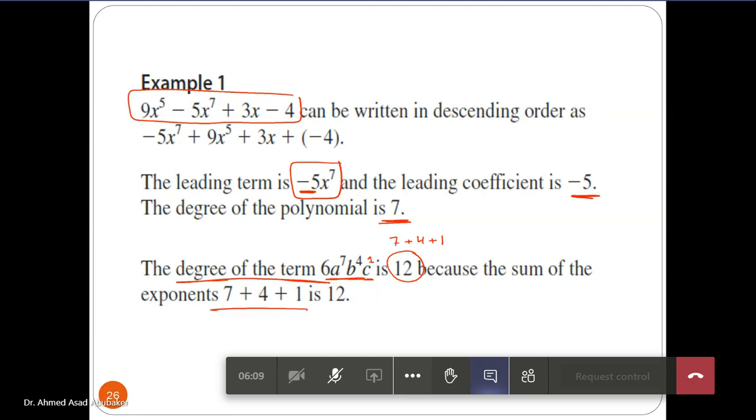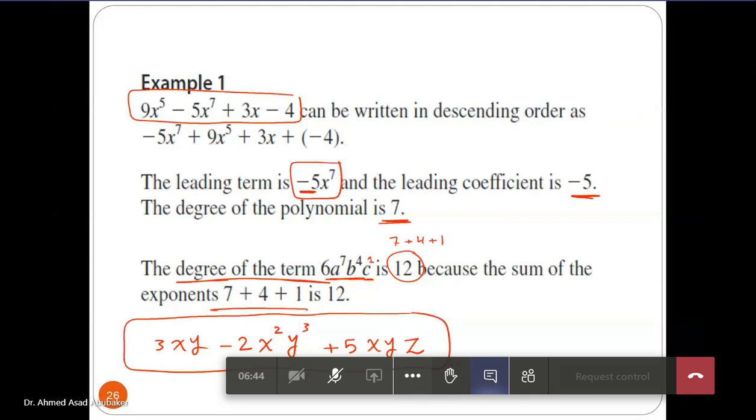Okay? For example, if we have 3xy minus 2x square y to the power 3 plus 5xyz. Which one is the leading term? This is a polynomial with multiple variables.